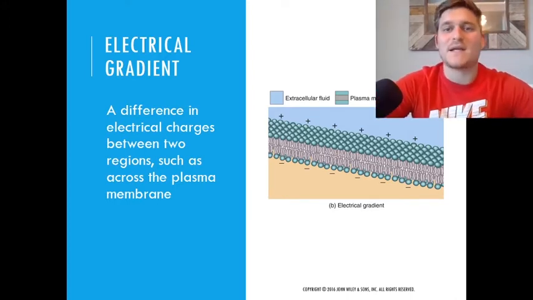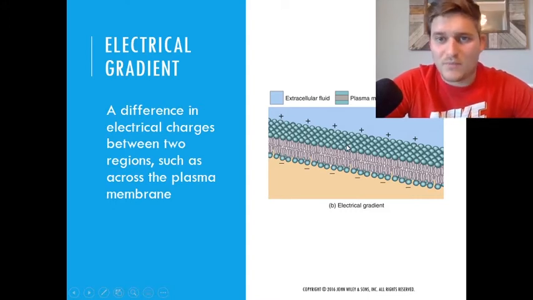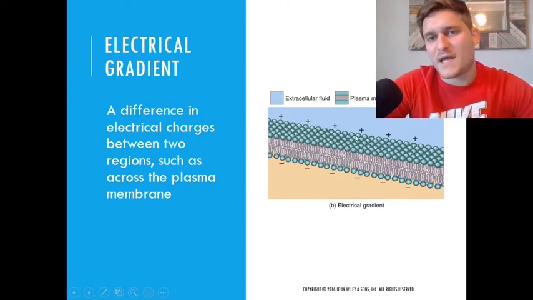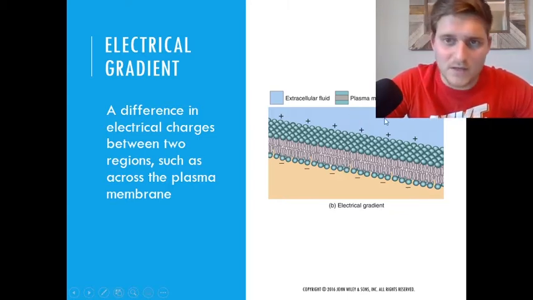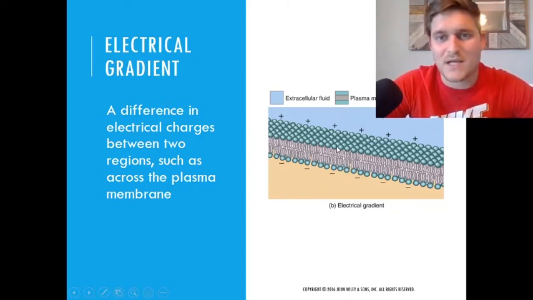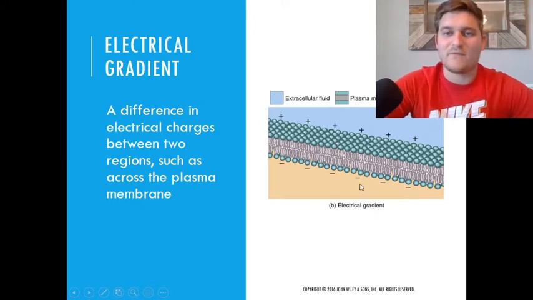We just discussed that ions are going to move based on their concentration, but they're also going to move based on their charge. If we have a positive ion in the extracellular space and a door opens up, then that ion is going to want to move to the negative space, and vice versa.